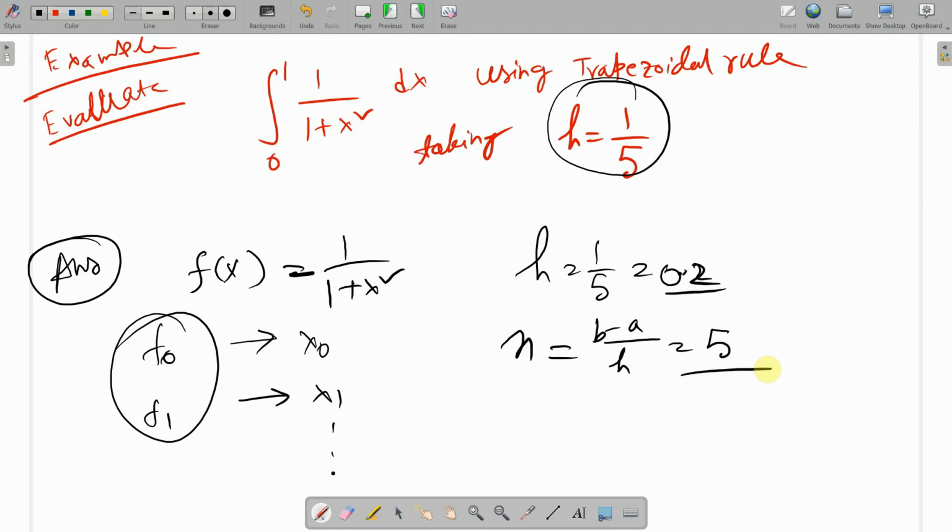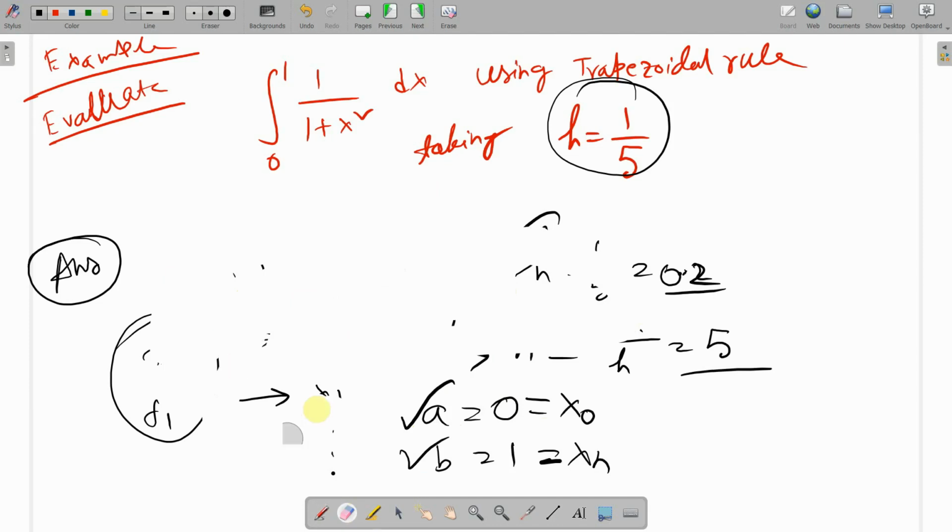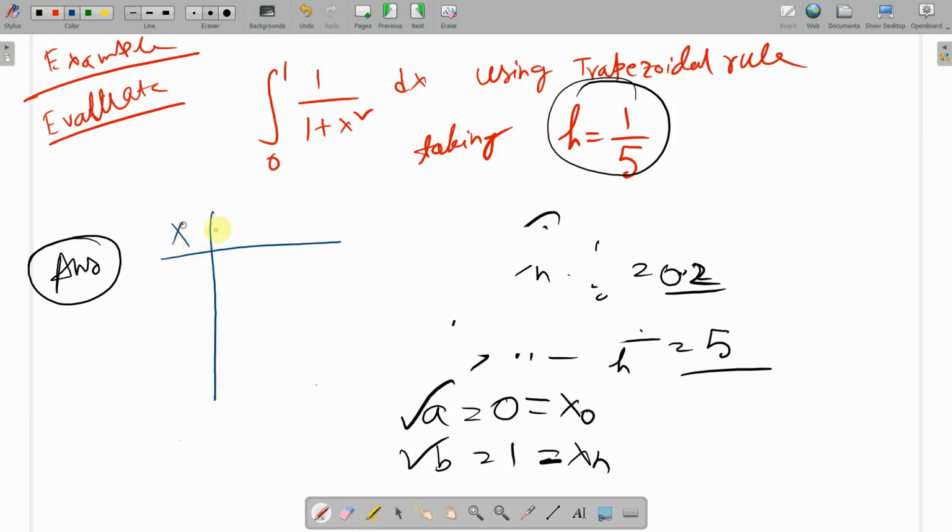Okay, we got n as 5. Now my limit is 0 to 1, so tell me what a is. a is 0 and b is 1. I know this, and from h I calculated n. a we denote as x0 and b as xn. So first I will make a table for f(x). I will write the value of x0, which is 0, and the value of xn here, which is 1.